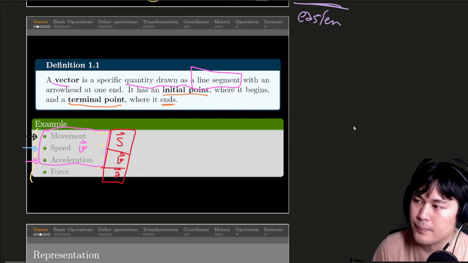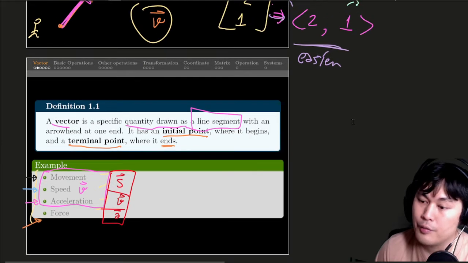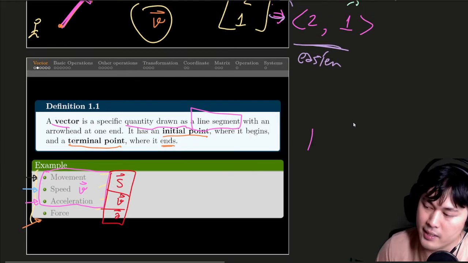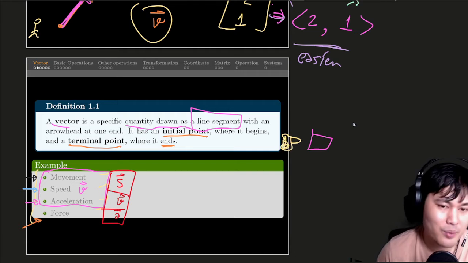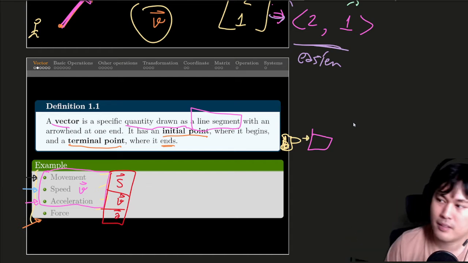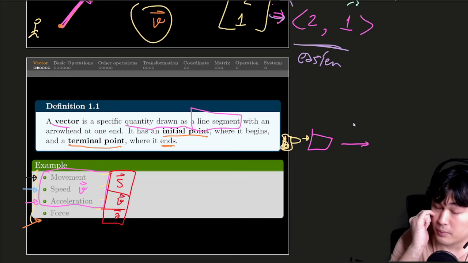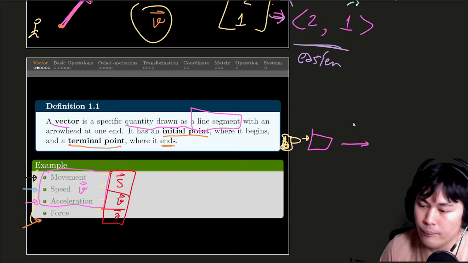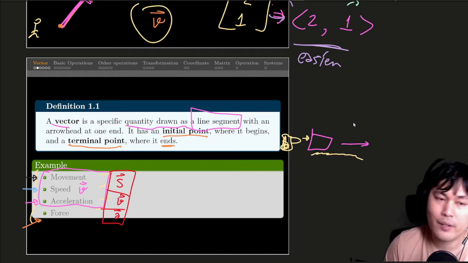And then we have force. Force is another way to think about a vector. If you have an object on the ground and you put your finger, I don't know how to draw a finger, you exert the force and you push the object. It moves in the direction. And suppose that there's no friction on the ground.